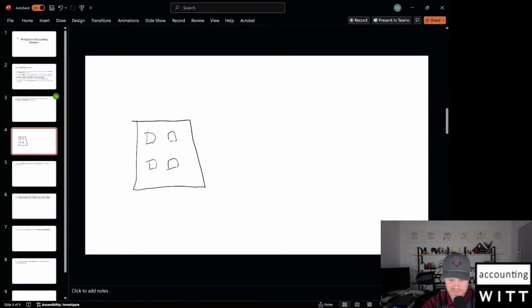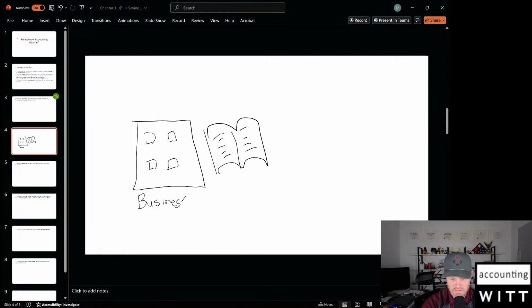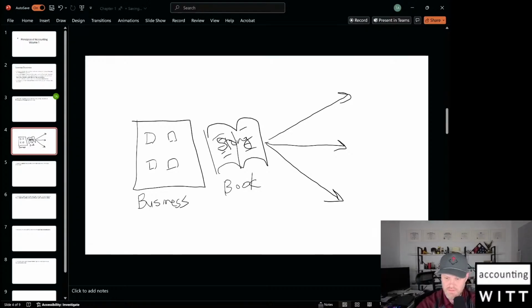Activities happening here, and this is my depiction of a book. So you've got a business, and then you've got the book, which is telling the story. And the story is being told to different audiences.